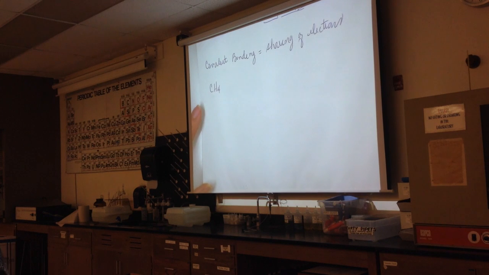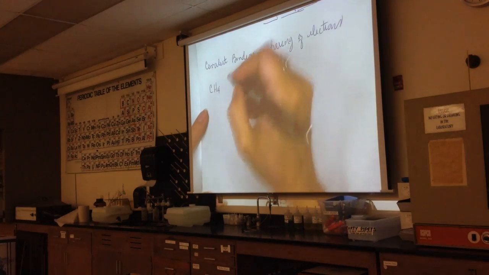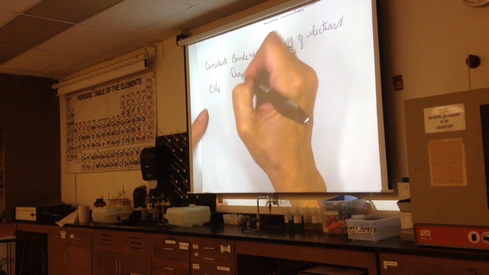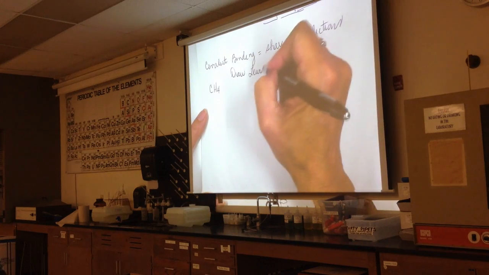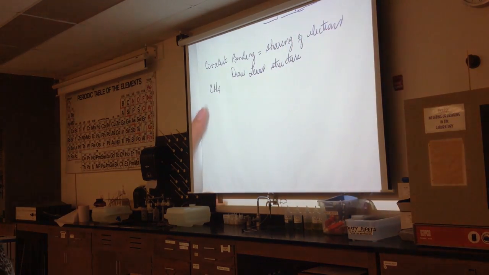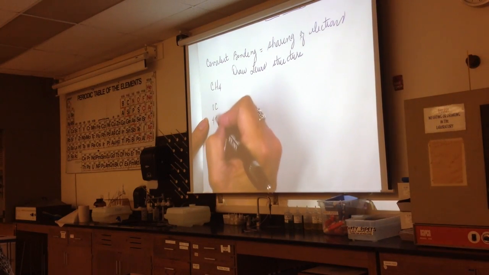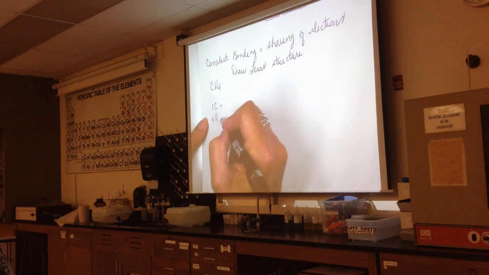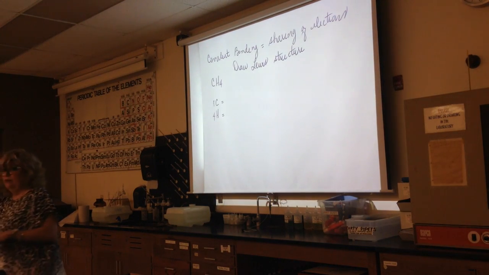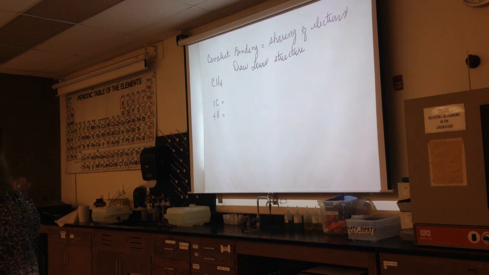So the one thing that I want to do in order to draw the Lewis structure of this molecular formula, we're asking you to draw the Lewis structure. We're going to follow the same thing that we do to calculate molar mass. Remember, this is how you calculate molar mass: you have 1 atom of carbon and 4 atoms of hydrogen.